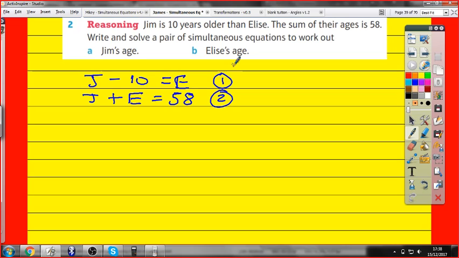Let's do E equals, or J equals, E equals, well, I don't know what I'll go at the start.